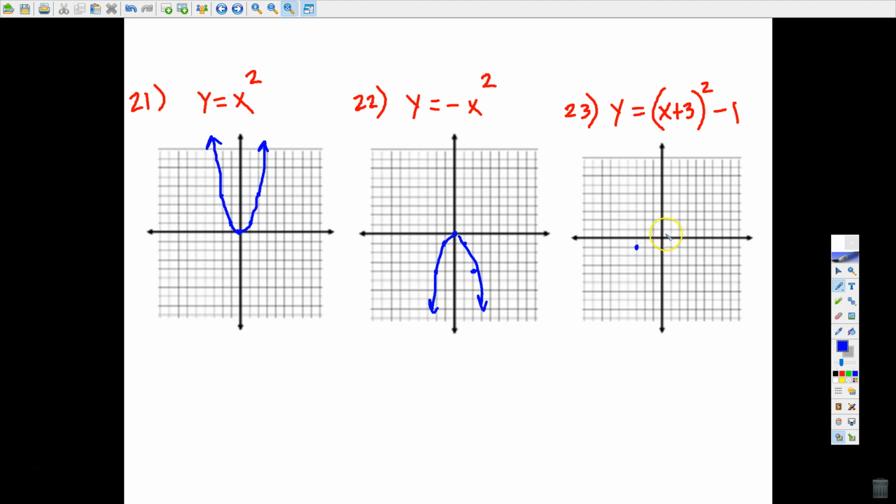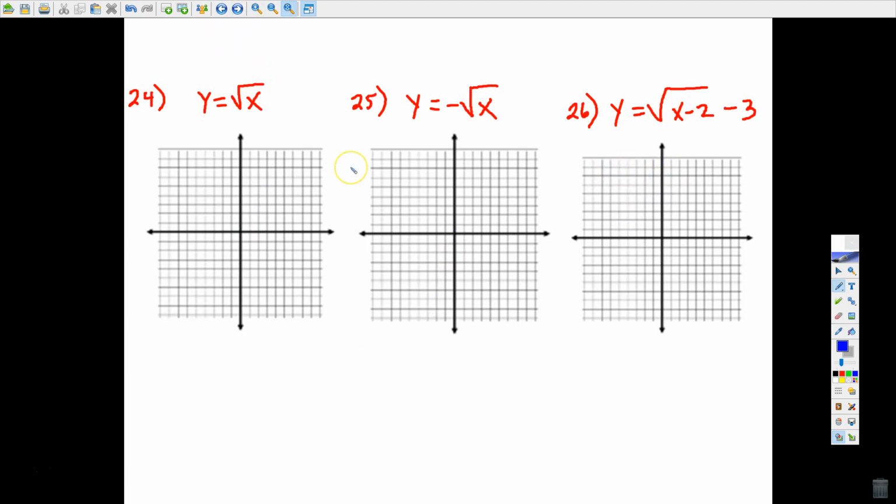Okay, that includes this one. Left 3, down 1. And now our symmetry line is here where the vertex is. All right, 2, 4 was on the parent, but we're going to go left 3 and down 1. And those dots represent the translated parent.